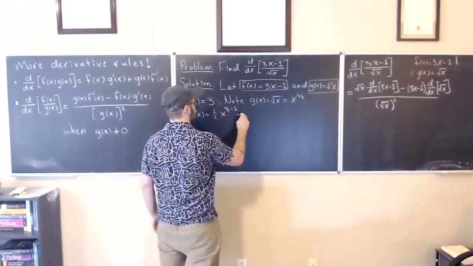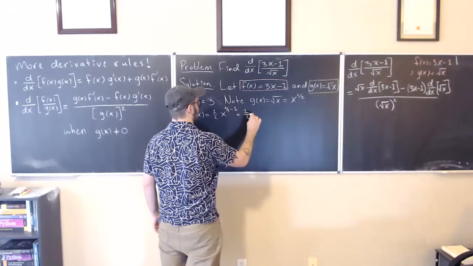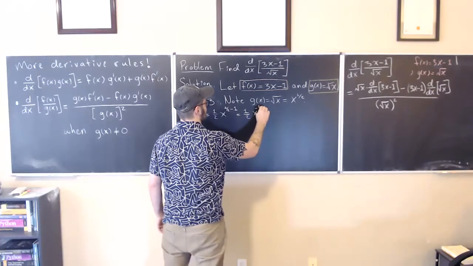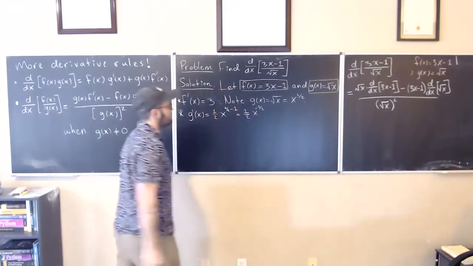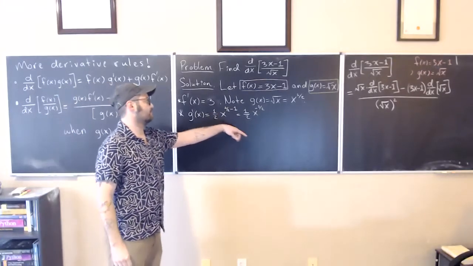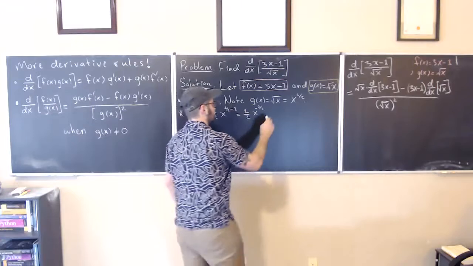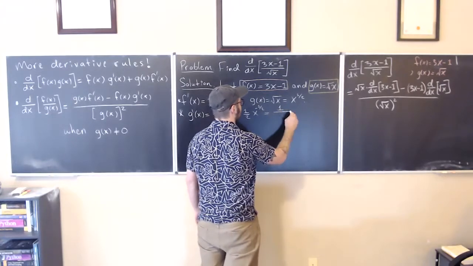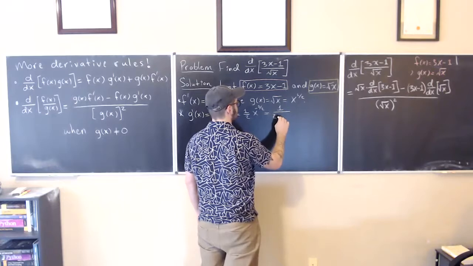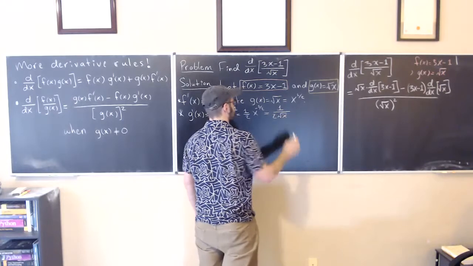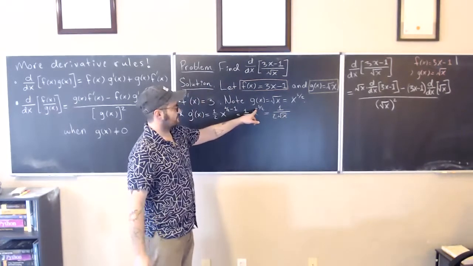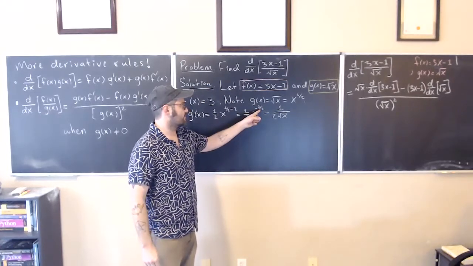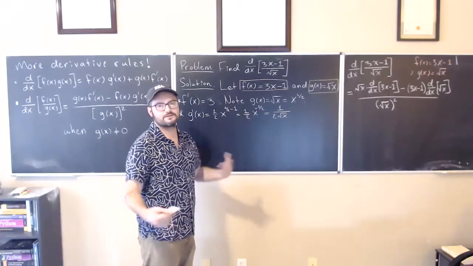So what does this equal? 1/2 times x to the power minus 1/2. 1/2 minus 1 is negative 1/2. And this is like saying 1 over 2 square root of x. Because you have a negative exponent, you can put it in the denominator, the exponent becomes positive, and an exponent of 1/2 is the same thing as saying the square root.